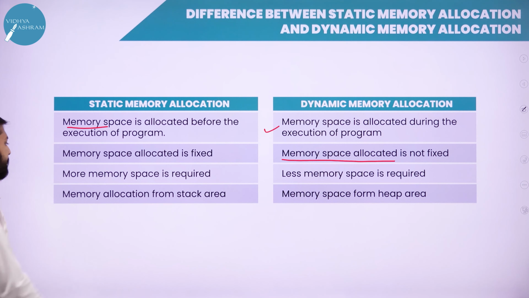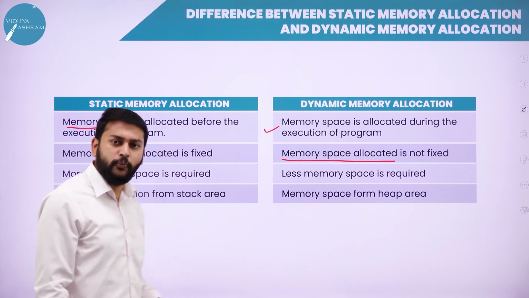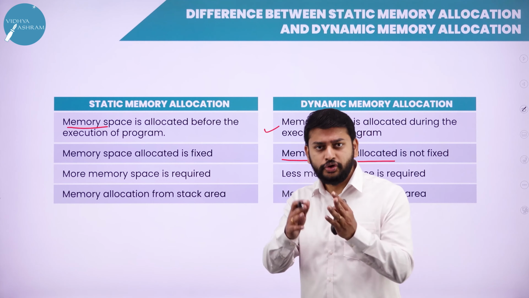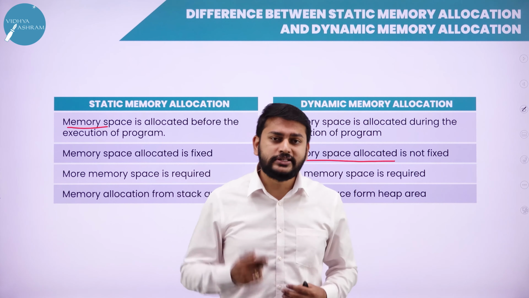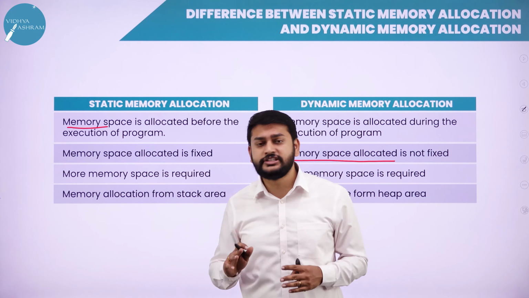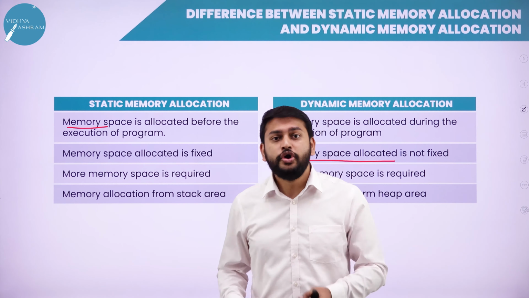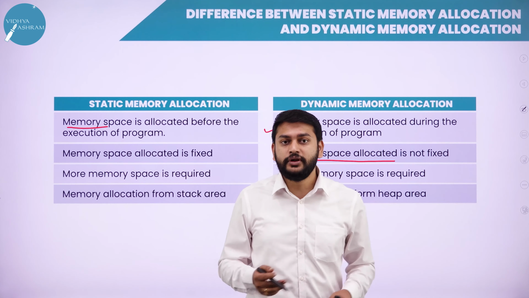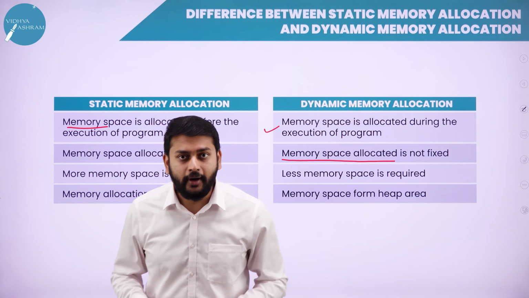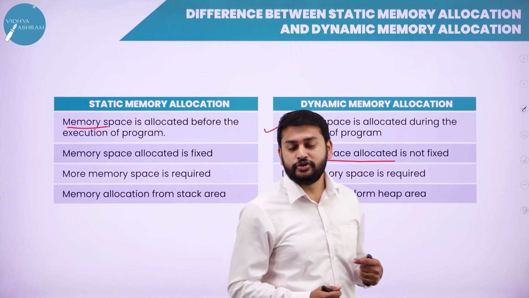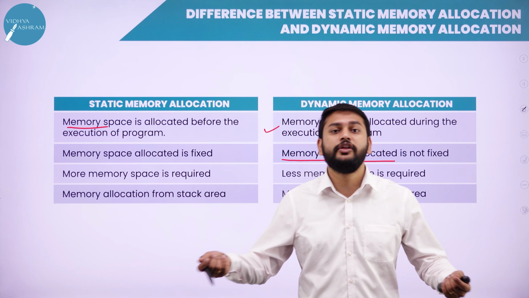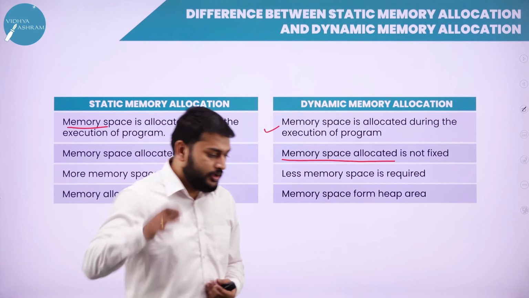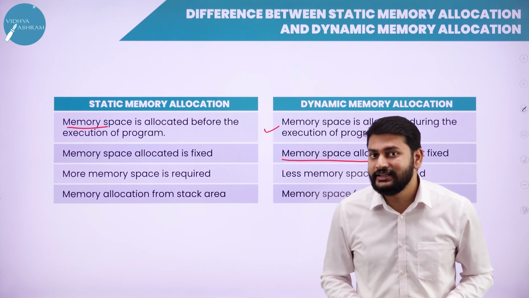What is the third point? More memory space is required. Why is it like that? Imagine you are sitting in the exam and I tell you that you have to collect the additional sheets now, and later if you ask me, I will not give you. To be on the safer side, you will ask for extra sheets. You know you will complete your exam within 25 sheets, but you think, let me take 2 sheets extra because he will not give me if I ask at the last moment.